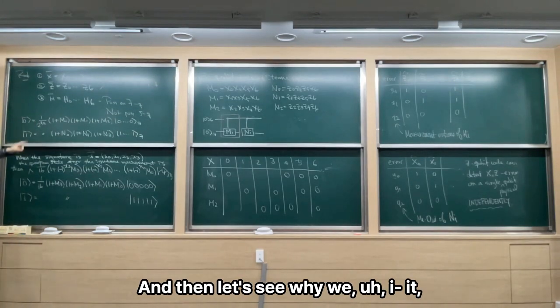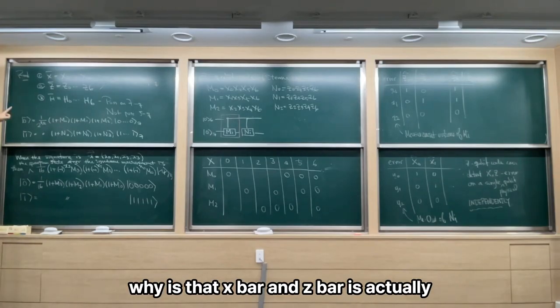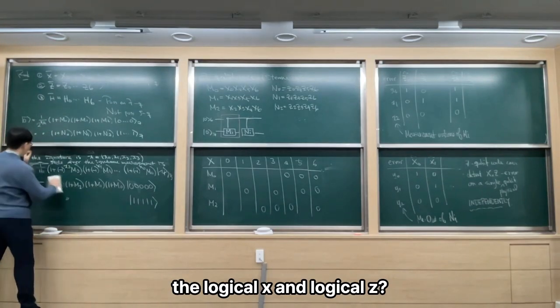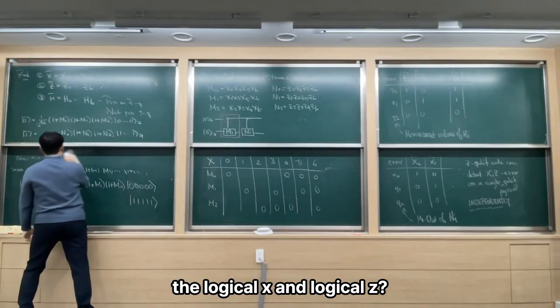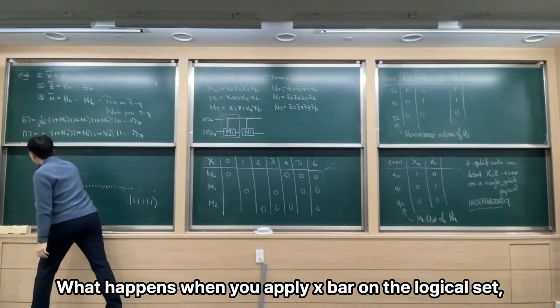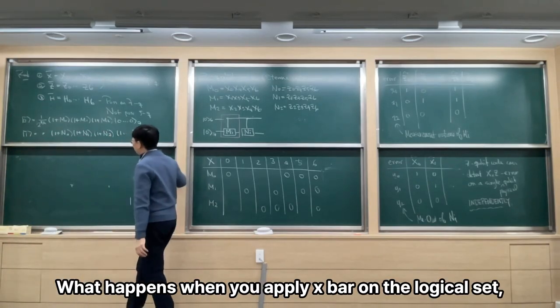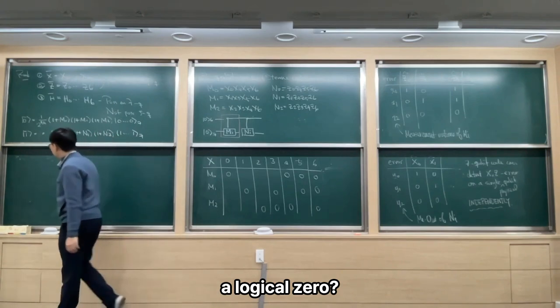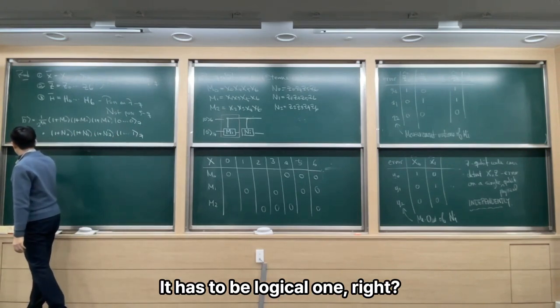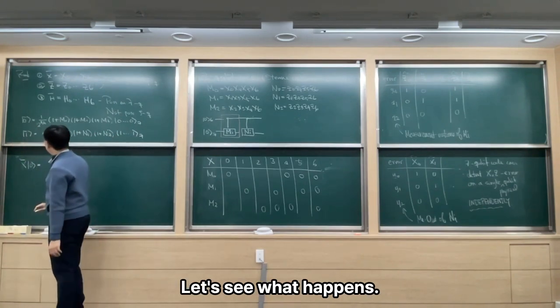And then let's see why X bar and Z bar are actually the logical X and logical Z. So first of all, what happens when you apply X bar on the logical 0? It has to be logical 1, right? Let's see what happens.